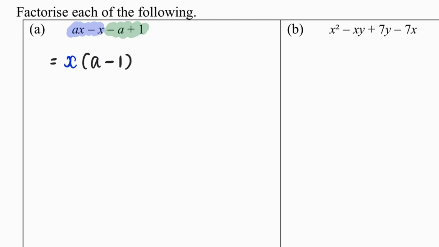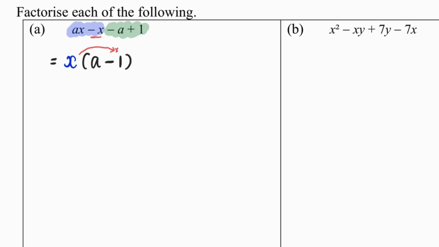Why is that so? So that when I multiply back the x, I must get back my negative 1x.